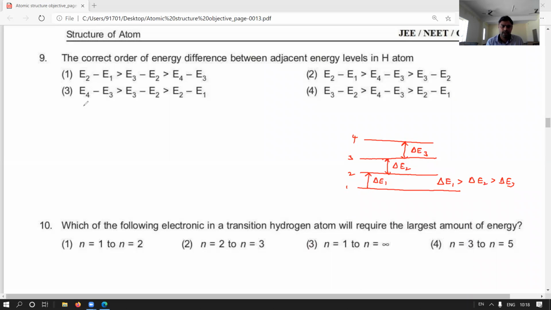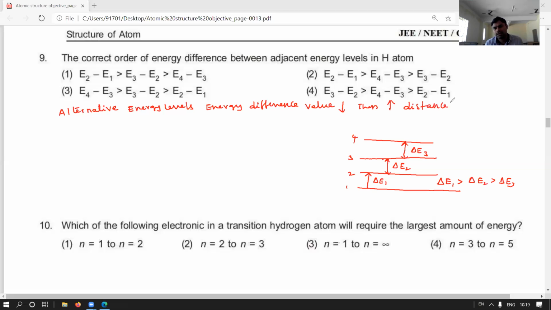So how I said: in successive energy levels, the energy difference value decreases with increasing distance from the nucleus.